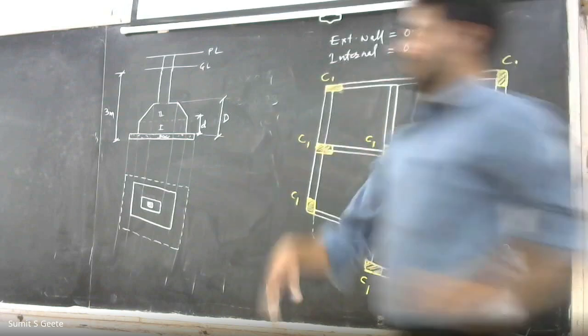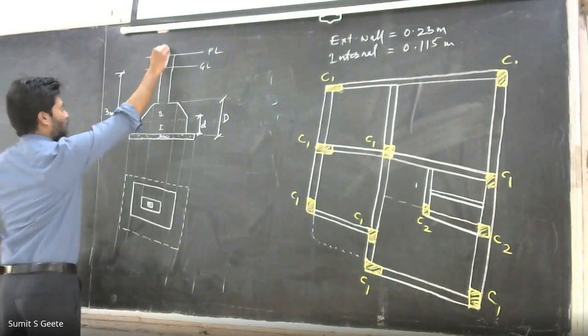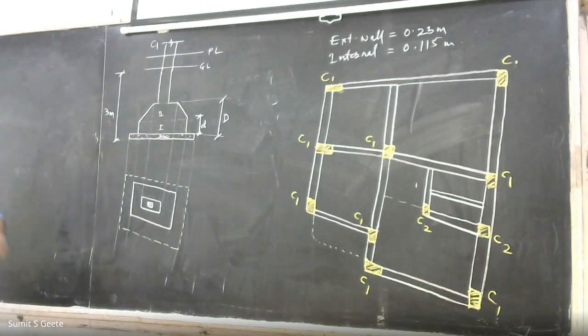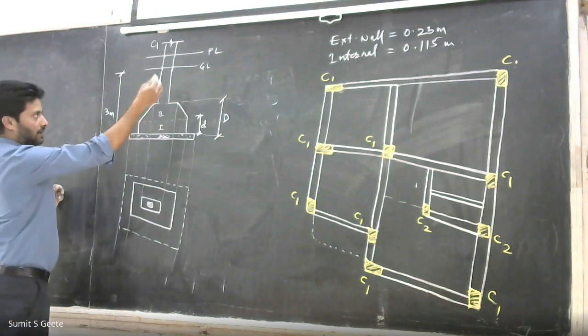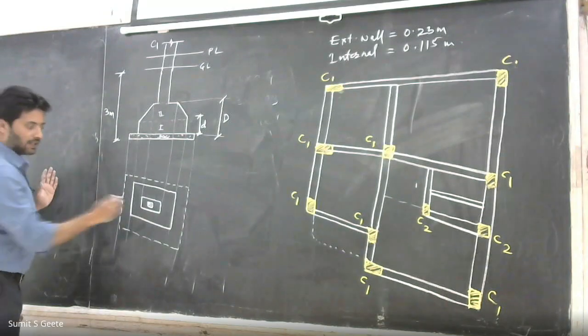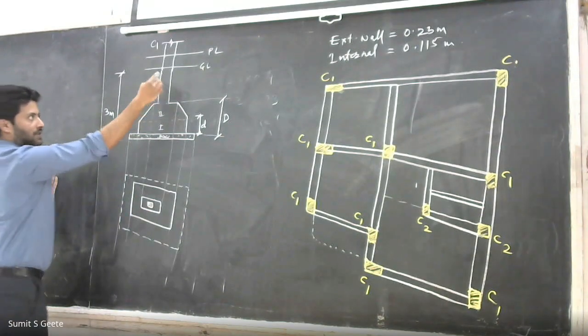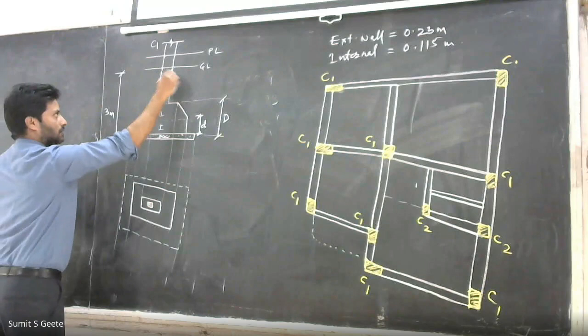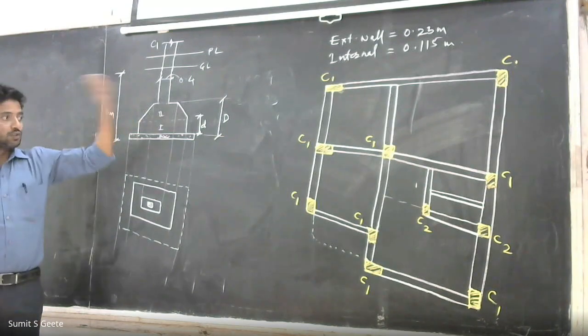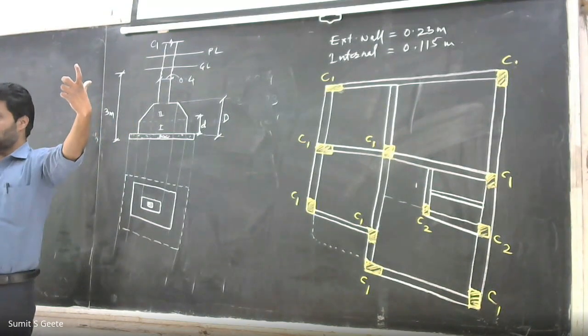Now, suppose this column is say C1. So can you tell me the size? क्या था column का size? 0.23 by 0.4. अभी मैं consider करता हूँ कि ये longer dimension है. Suppose this is 0.4. अब longer dimension को तो longer dimension आएगा excavation का.